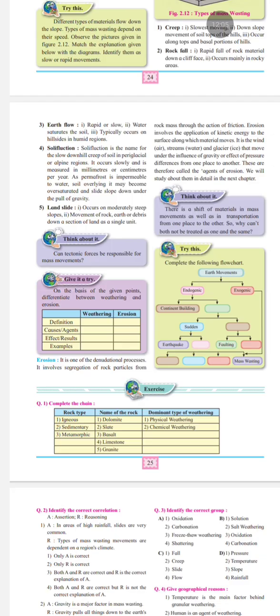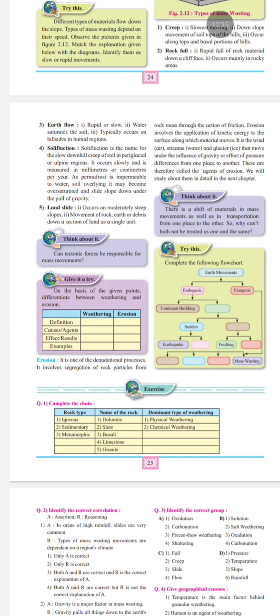Because this frozen layer does not allow water to move downward easily, the upper soil becomes saturated with water. This wet soil slowly moves downhill under the force of gravity. The movement is extremely slow, only millimeters or centimeters per year. Just remember one thing: solifluction is slow movement of water-saturated soil in cold regions.